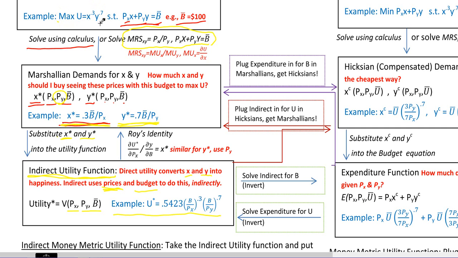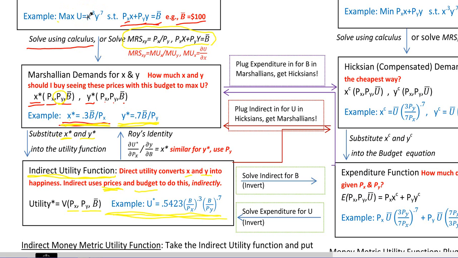So that's right here. Then by doing some simplification, I get this function right here. I just cleaned that up, but basically it's just plugging those into that utility function. So that's how you get an indirect utility function.